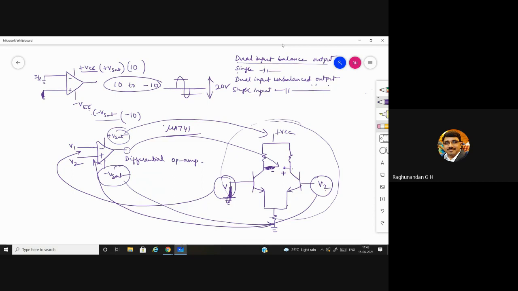That is dual input unbalanced output. Next is single input unbalanced output. Single input means we give input to a single transistor as well as we take the output across single transistor only. Such a type of configuration of differential op amp is known as single input unbalanced output.